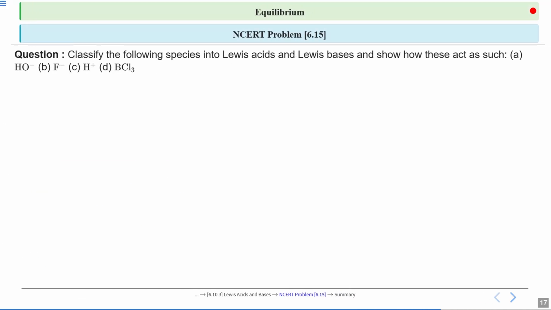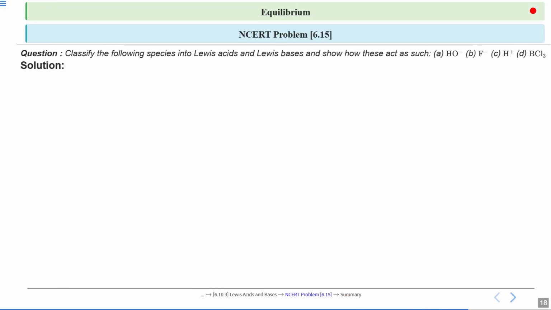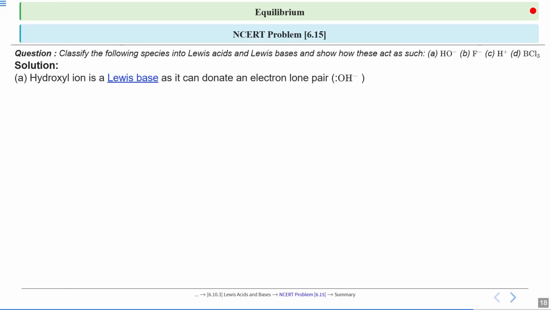Now we'll do a question. You have to divide the given species into Lewis acids and bases based on their tendency of electron acceptance and electron donation. How will you do it? It's very simple, I guess. For negative and positive charges, you don't have to think much.